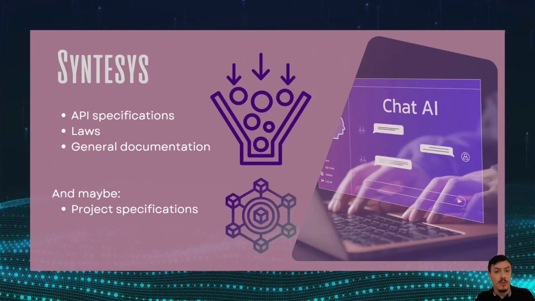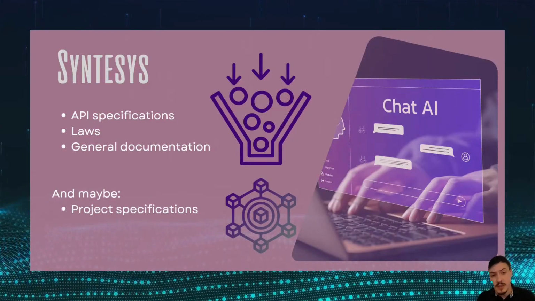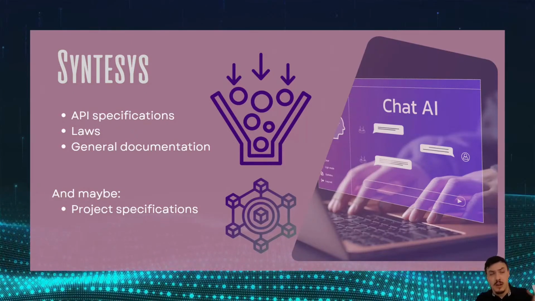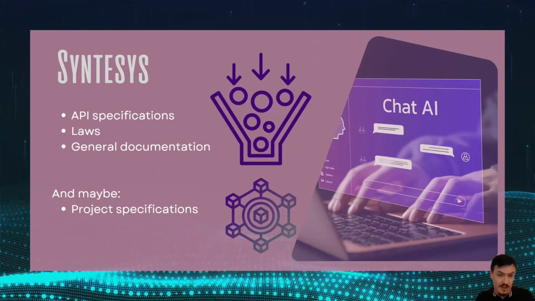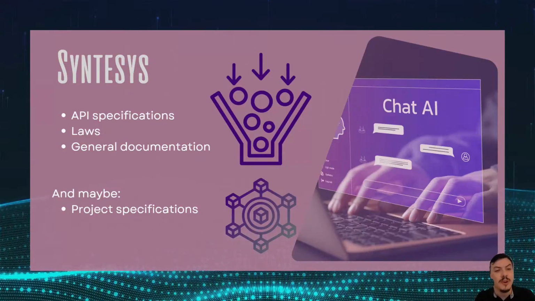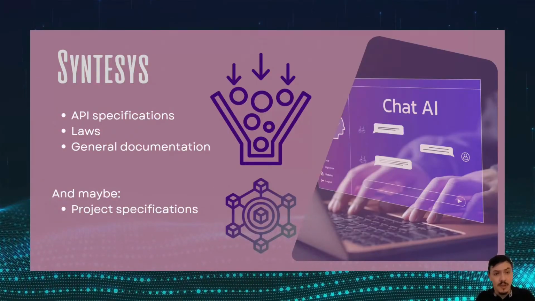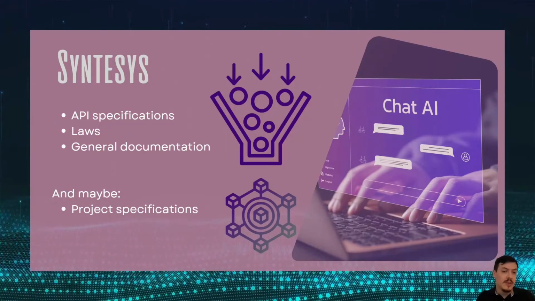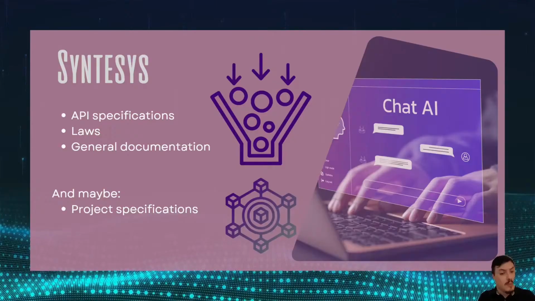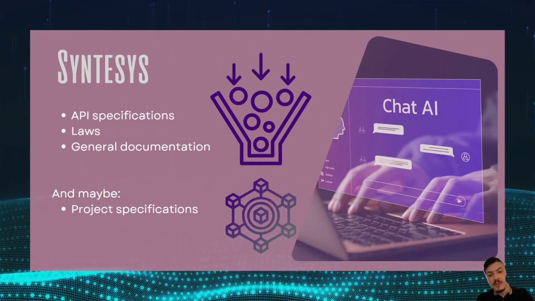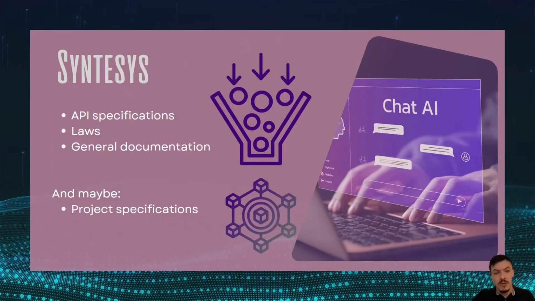We'll talk more about this during the session, but all those things that are open, that are already inside the open world of the internet, it is a good thing to use AI to synthesize for you. So, your project specifications aside, for all the documentation that is open, you can use AI to generate a synthesis.